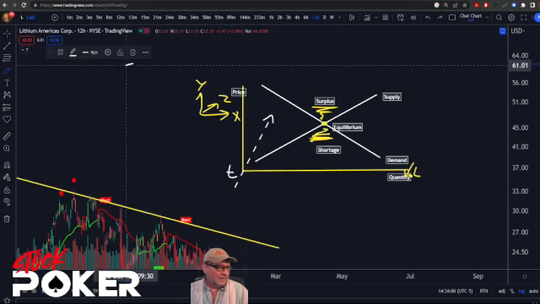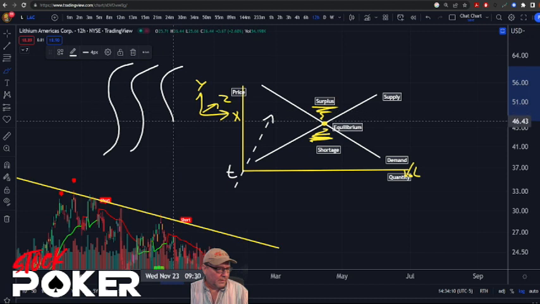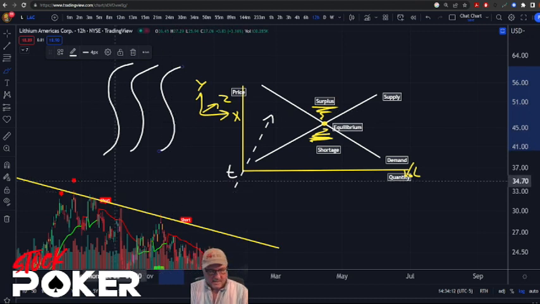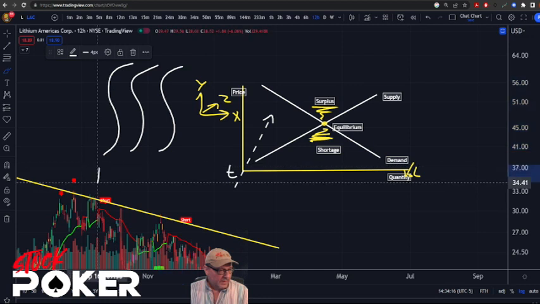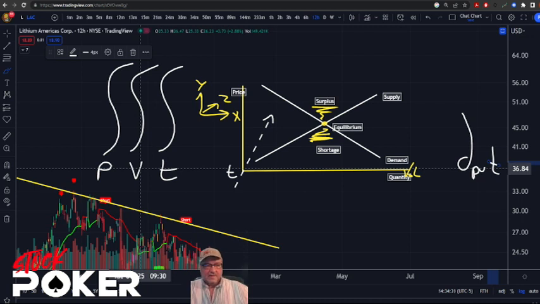So you could think of this whole thing right here as a derivative of price, volume, and time. Think of this as an equation of where your equilibrium point is. And when the equilibrium point gets out of whack, it wants to come back into equilibrium.